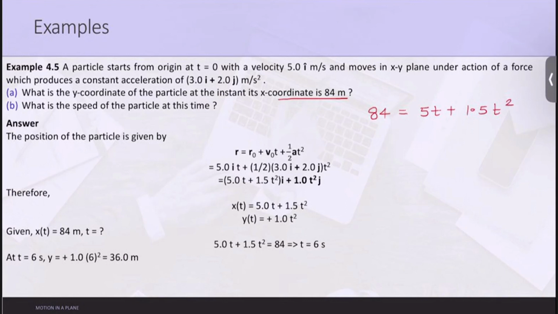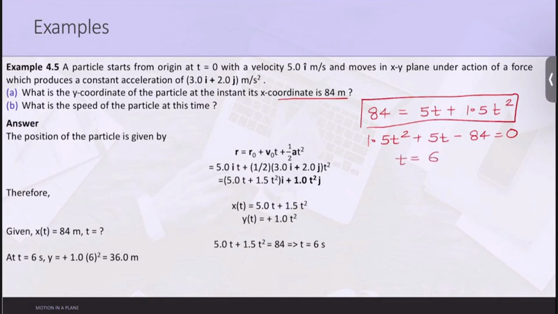This is a simple quadratic equation, that is 1.5 t square plus 5t minus 84 equal to 0. If you use the normal quadratic formula, minus b plus or minus under root b square minus 4ac, upon 2a, we will finally get the answer equal to 6 seconds.